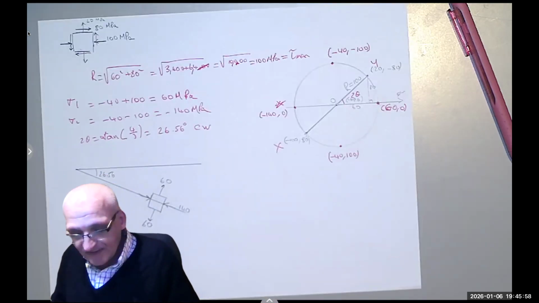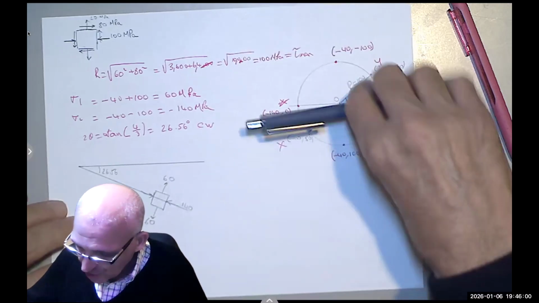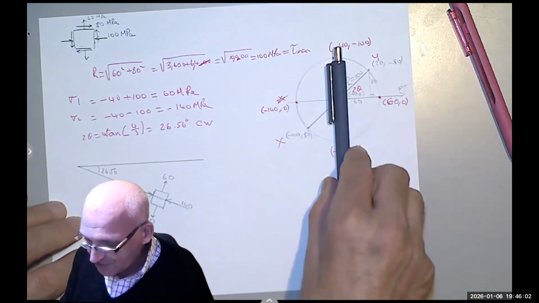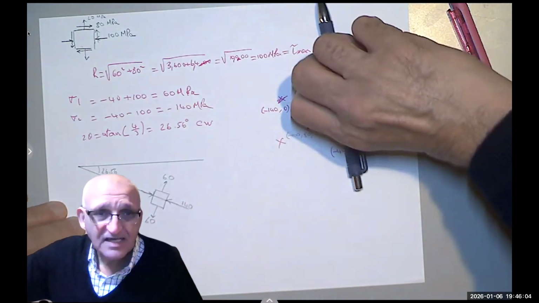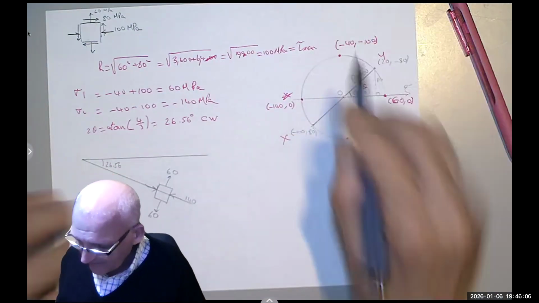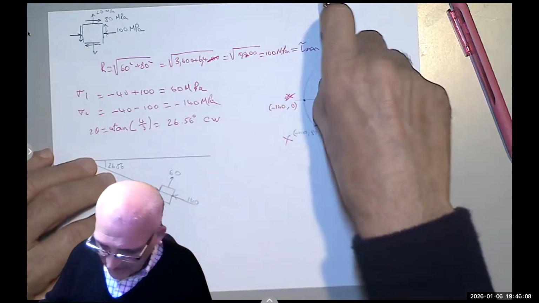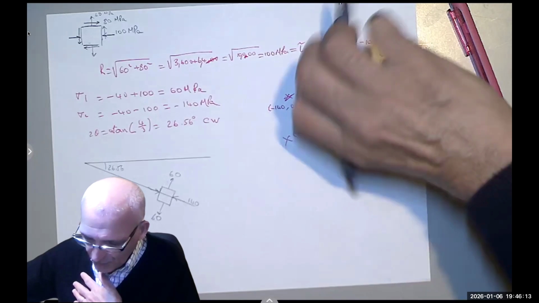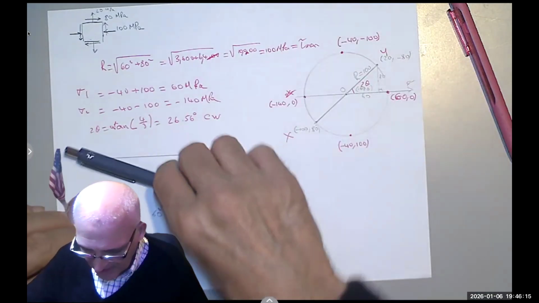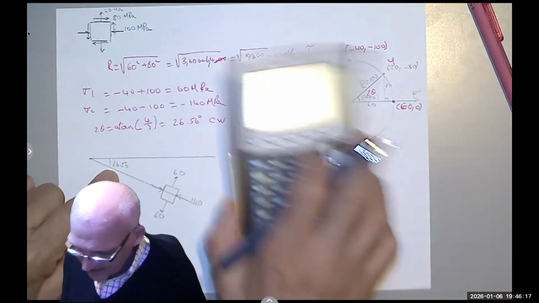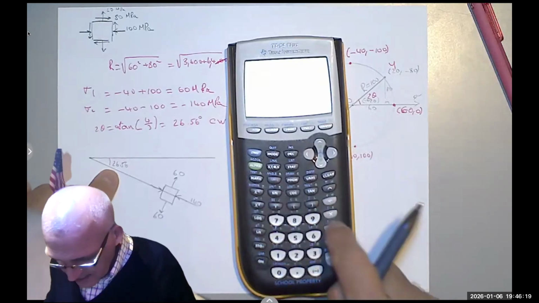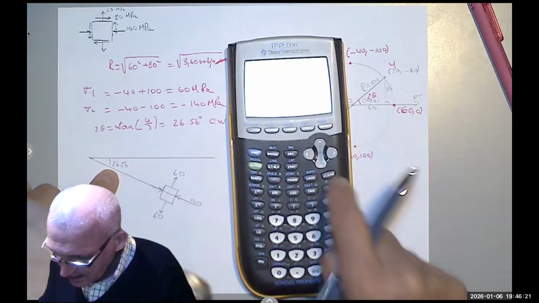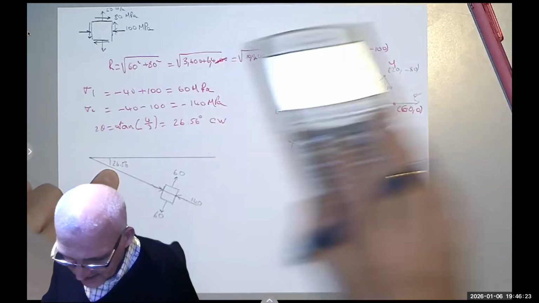Now, in order to find the maximum shear, I can go another 45 degrees in either direction. It doesn't matter. So if I go 45 degrees in this direction, meaning 90 degrees on the Mohr circle, 45 degrees from here, so 45 minus that is 18.43.